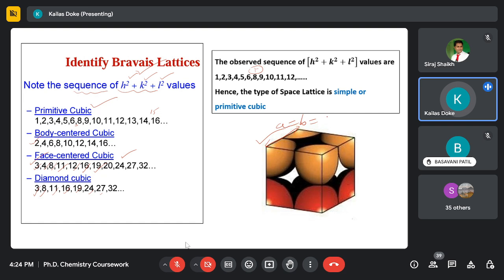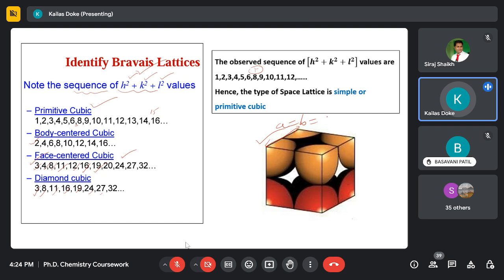After getting the lattice constant, we can find out the volume of one unit cell of this cubic lattice. By basic mathematics, the volume of a cubic lattice is a cubed. Once you get a, take the cube of a, and we will get the volume of one unit cell in the cubic lattice. Such calculations you can do by further analysis of the Miller indices.